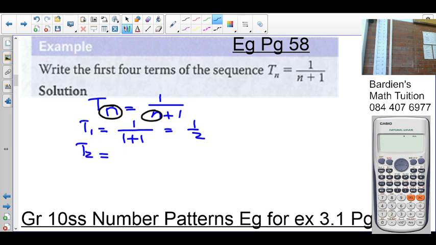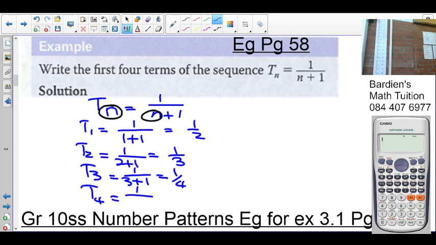Let's go with term 2. So 1 over 2 plus 1, which is 1 over 3. Term 3. 1 over 3 plus 1, which is 1 over 4. T4 is 1 over 4 plus 1, which is 1 over 5. You guys understand?